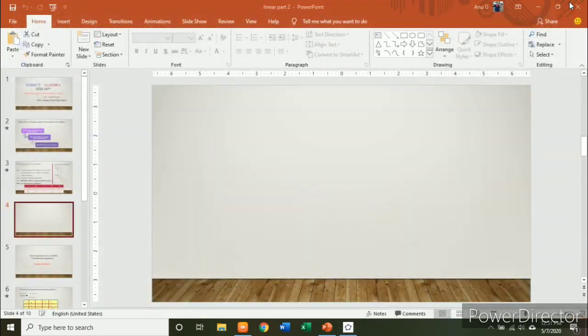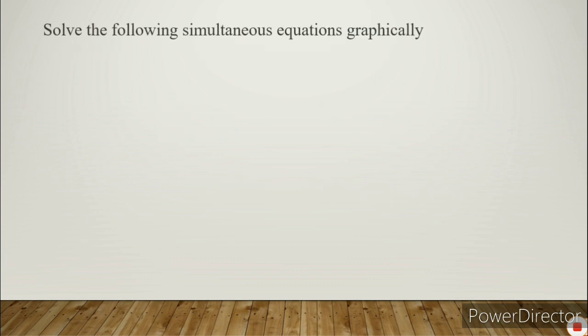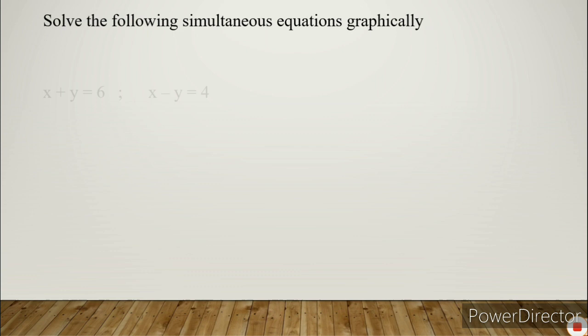Again, we have already studied the substitution method and elimination method to solve simultaneous equations. Today, we are going to solve the simultaneous equations graphically. So, this is the example.